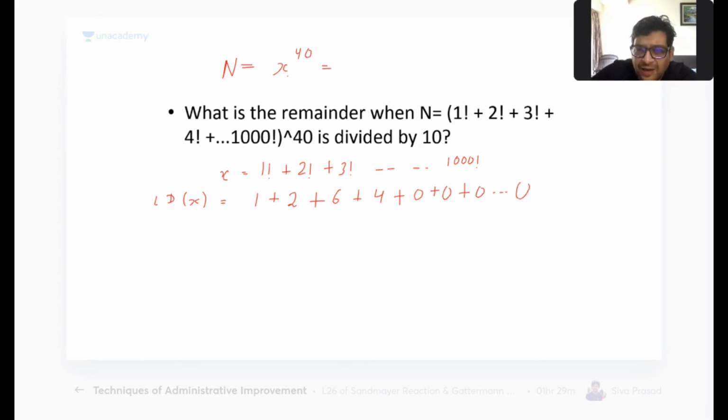And till 1000 factorial, all of them will give me the last digit as 0.